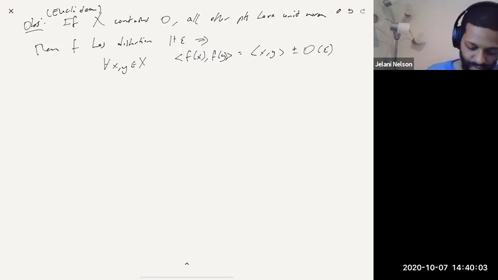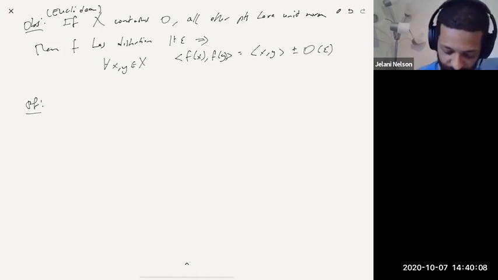So the proof of that: f is translated so that f(0) is 0.